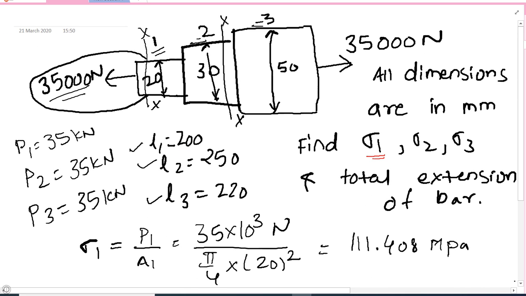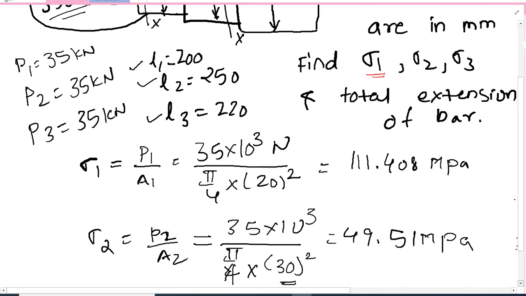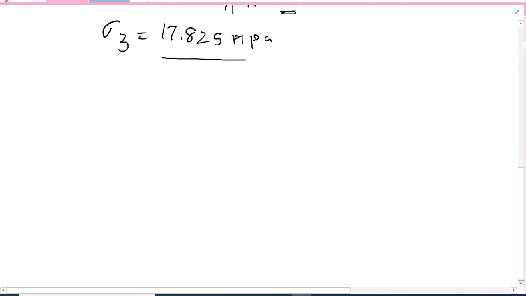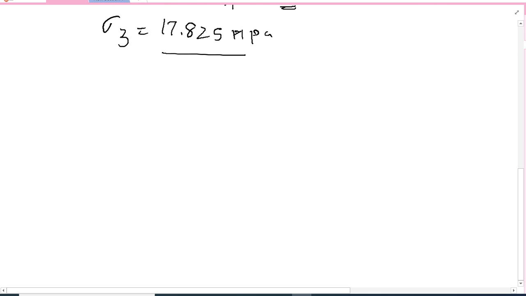So look at this. Here for section 1, the load is constant throughout, the diameter is constant, and it is made up of the same material, so E is also constant. So that means we can say that delta L total is nothing but delta L of 1 plus delta L of 2 plus delta L of 3.